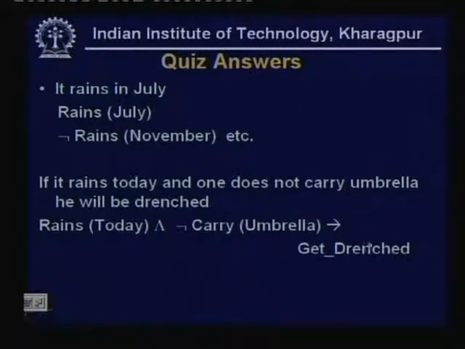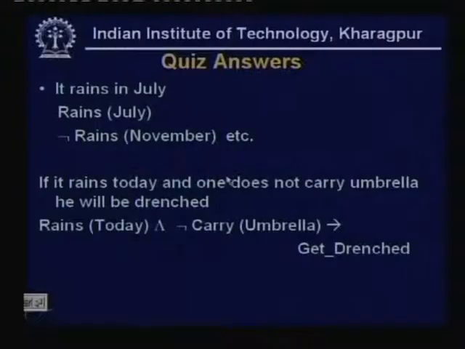Okay, this is one way, but here I have done some mischief. You see that there is a word "one", and I have somehow escaped that. I have simplified that, because in order to capture this sort of thing, one does not carry umbrella, no one carries umbrella, somebody does not carry umbrella, these constructs require some more power than what is provided by propositional logic.